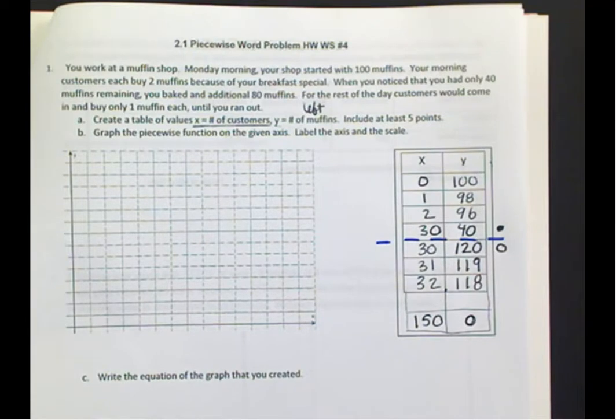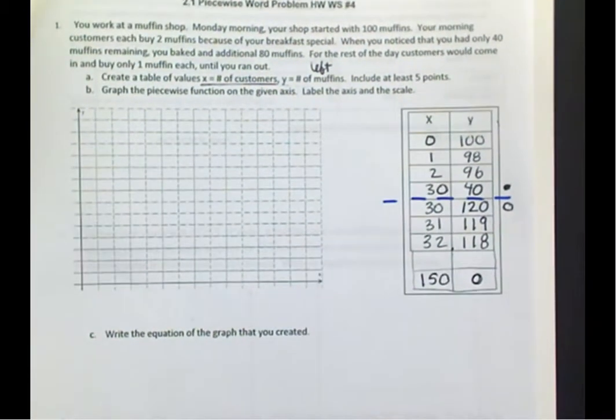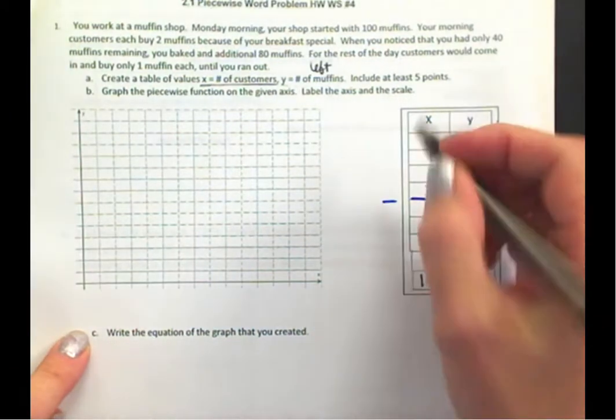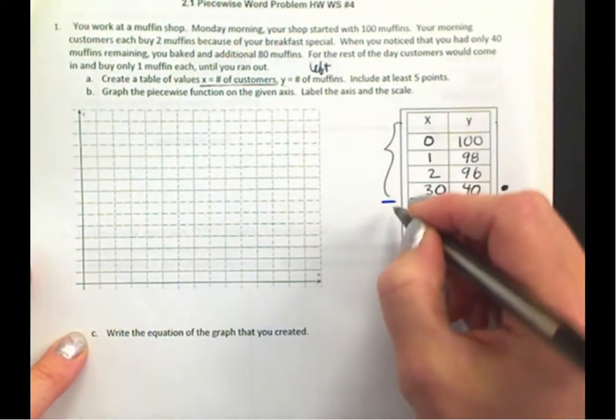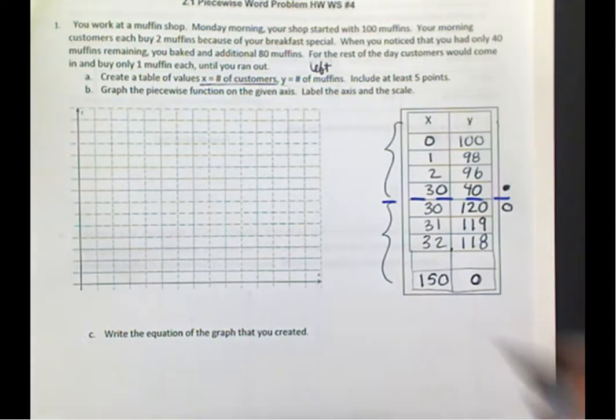Okay. Write the equation. We'll graph, okay? But first we're going to write the equation. Here's the first equation. Here is the second. Notice that we actually wrote down more information than needed. You really only need 2 points per section to write the equation of a line.